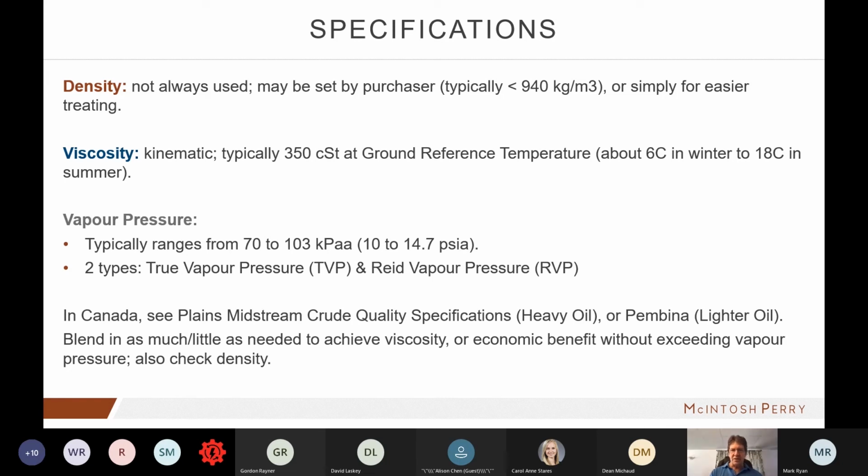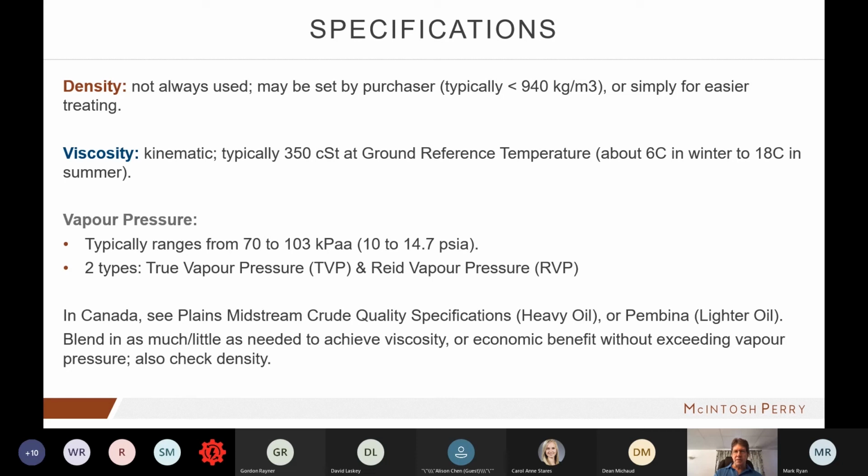And typical specifications that we have, Plains Midstream for heavy crude oil, is one that specifies this less than 940. If we were looking at Pembina specifications, there are going to be different density specifications there, but those wouldn't really be heavy oil.